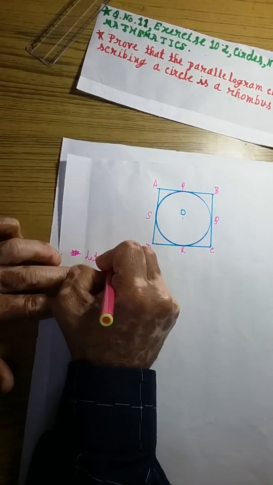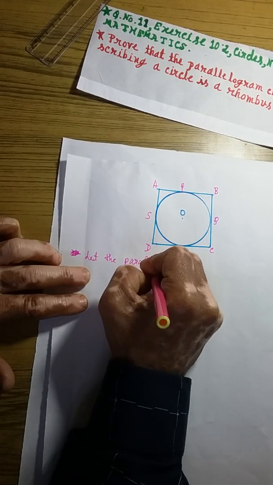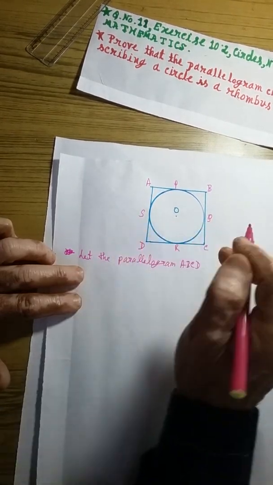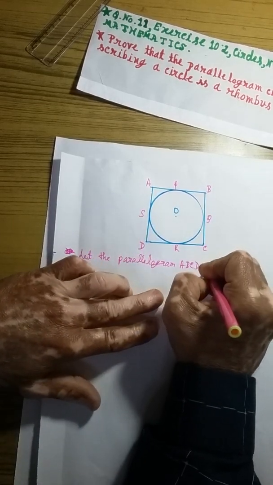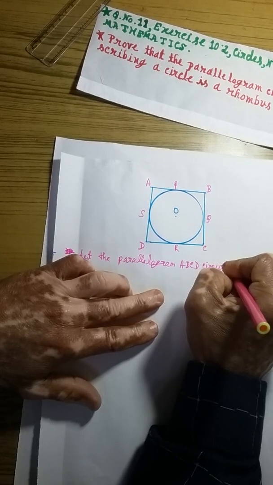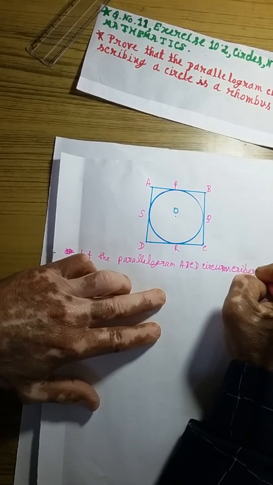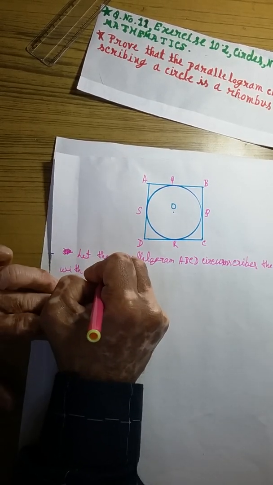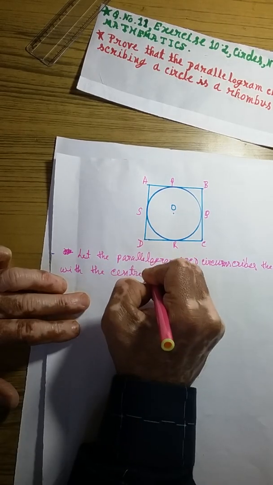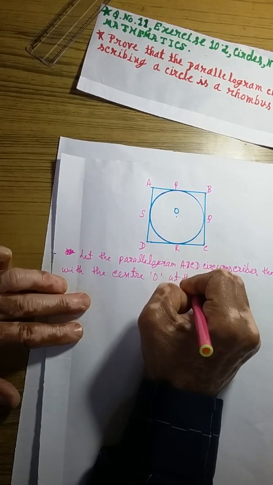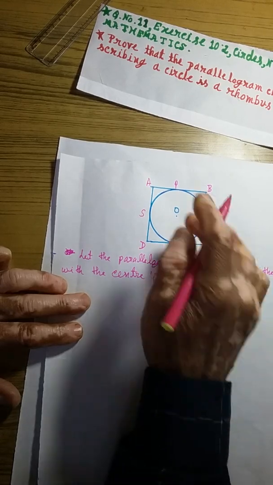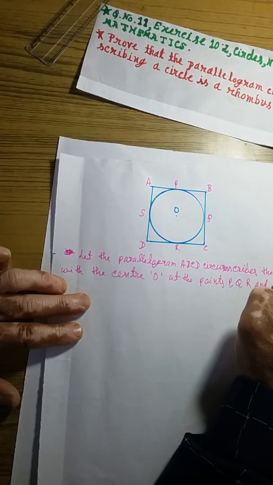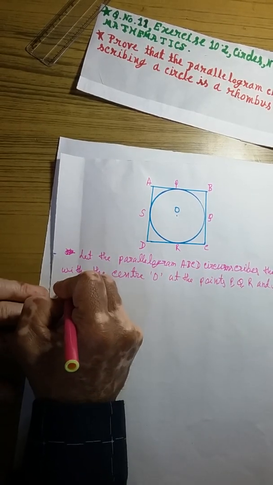Let the parallelogram ABCD circumscribe the circle with the center O at the points P, Q, R, S respectively.